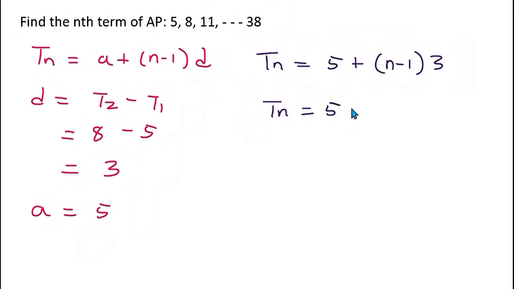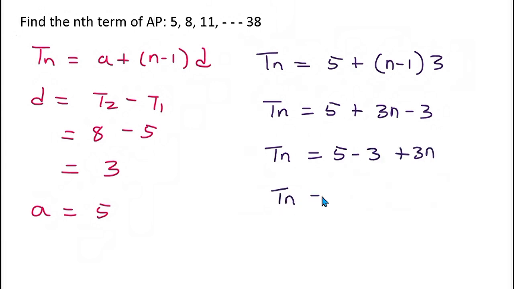This will be 5 plus, expanding the bracket, 3n minus 3. Grouping like terms, we are going to have Tn equals 5 minus 3 plus 3n, and 5 minus 3 will give us 2. So in other words, we can say that the nth term will be 3n plus 2 for this expression.